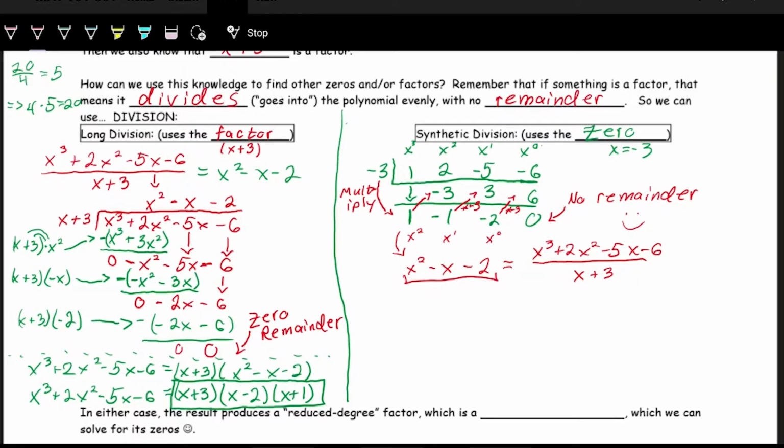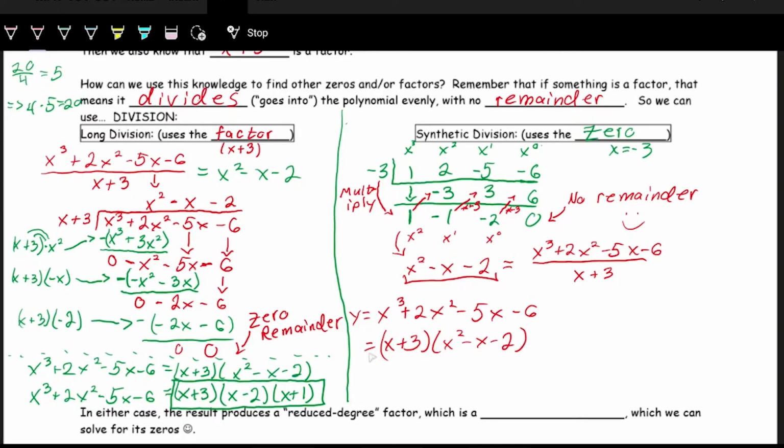And so we can come to the same conclusion where the original polynomial, y equals x cubed plus 2x squared minus 5x minus 6, is equal to the factors that we have here. The factors are x plus 3 and x squared minus x minus 2. So we have x plus 3 times x squared minus x minus 2.